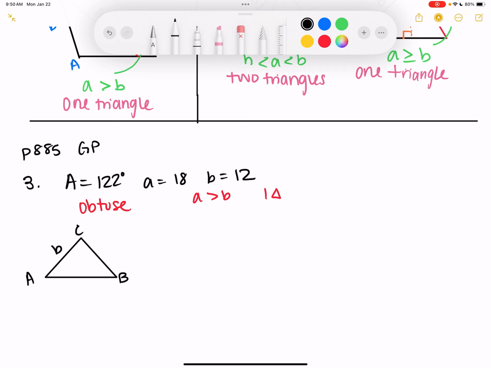The angle that you're given has to be here, and then the side that you have that's not the one that matches this angle has to be here, which means that angle has to be here because we know that they have to be opposite, right? We remember that from geometry. Angle and side has to be opposite. So this will be side C. This is going to be side A. So I already know this is 122, and it's very rarely going to be proportionate. Don't worry about that. This is 12. A is 18.